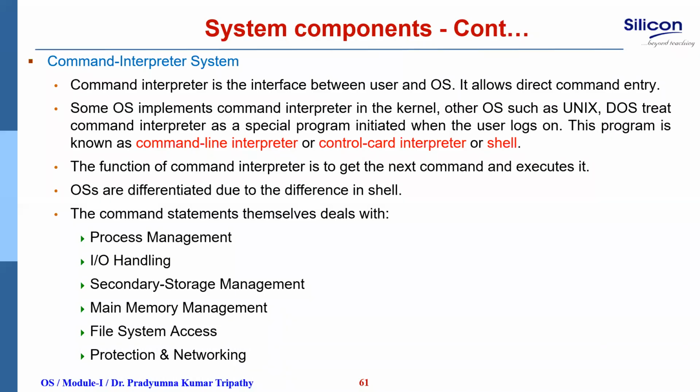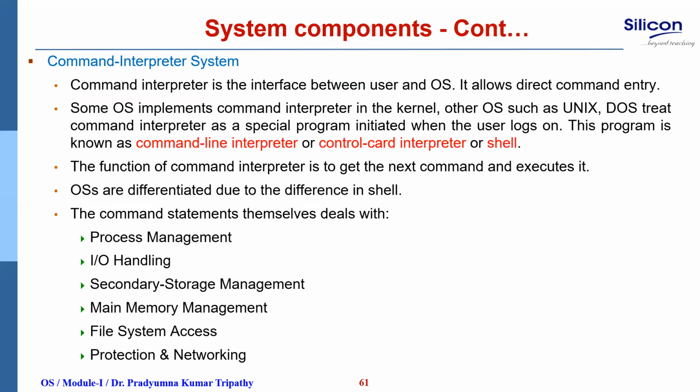It allows the user to write commands, right? So this program is known as the command line interpreter. The shell that you get, the C:\ or the dollar symbol, is the command line interpreter. This is sometimes known as the shell of the operating system, because here you give your command and you get the result.